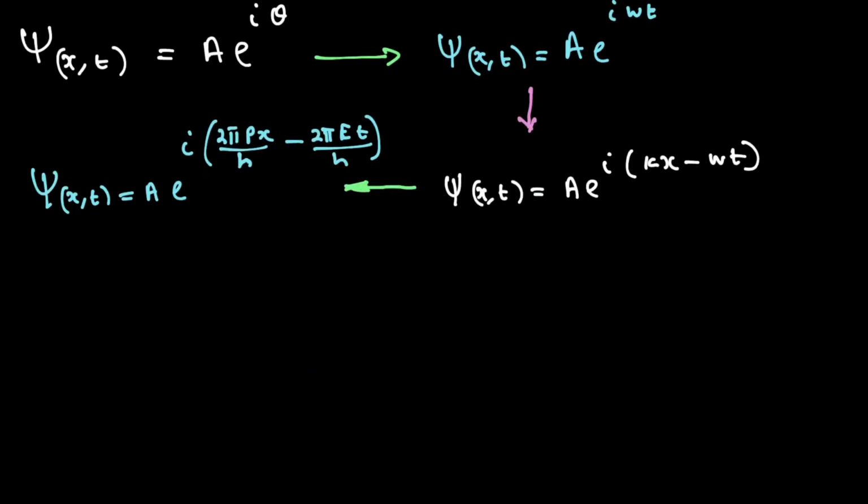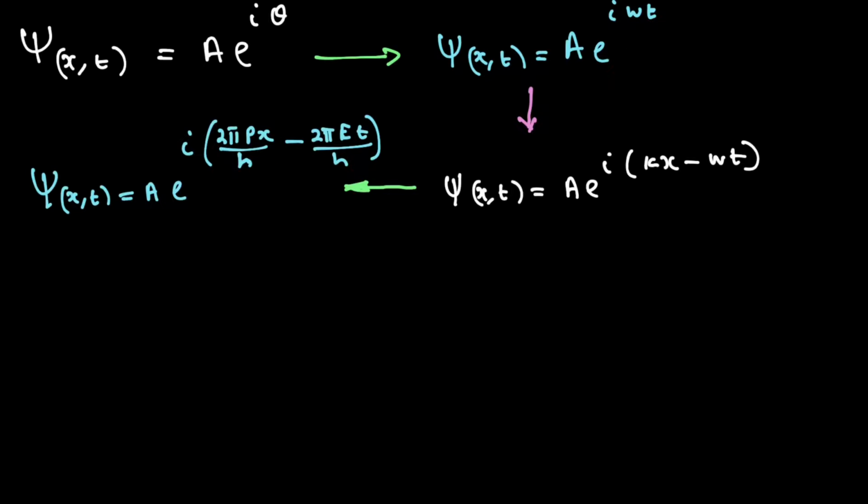But from here, what we now have is a very different form of equation. And so let's talk about this. As you can see, there's a common factor here, 2 pi over h. So that's what I'm going to do. I'm going to take the common factor out.